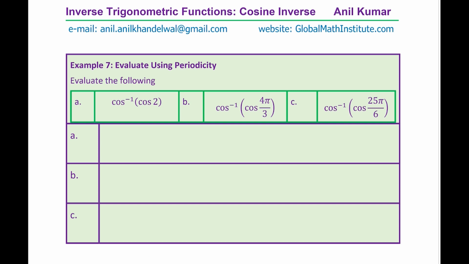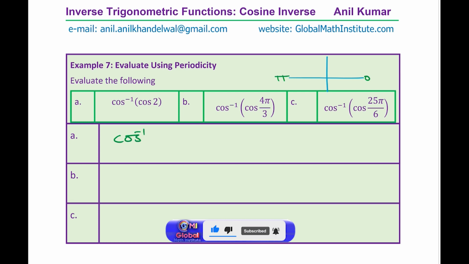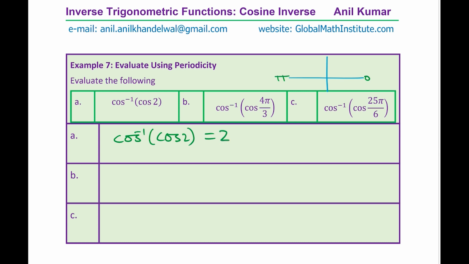Remember, the definition of cos inverse is when we have restricted our domain from 0 to pi, correct? So the value of 2 is within 0 to pi. Pi is 3.14, it is less than that, and therefore we can say that cos inverse of cos of 2 is basically equal to 2.